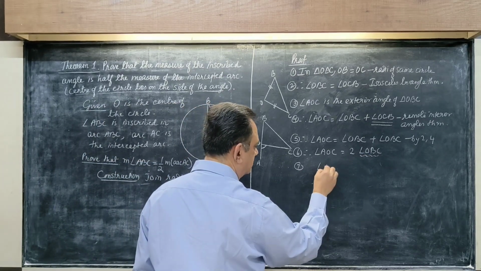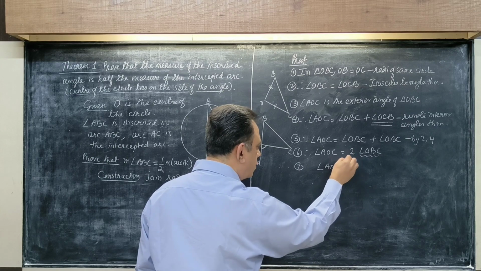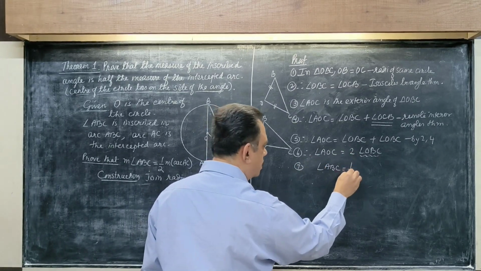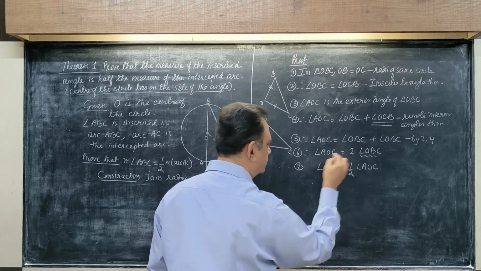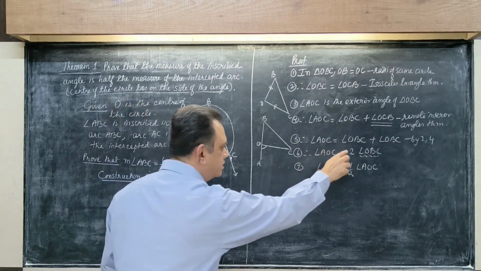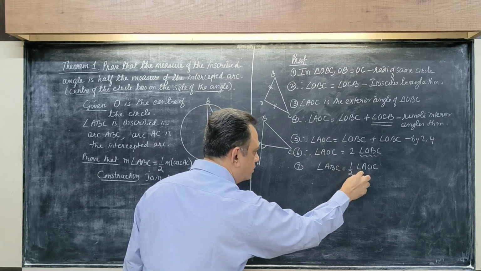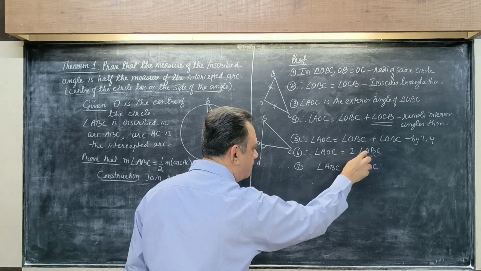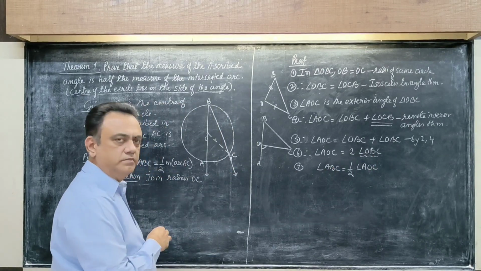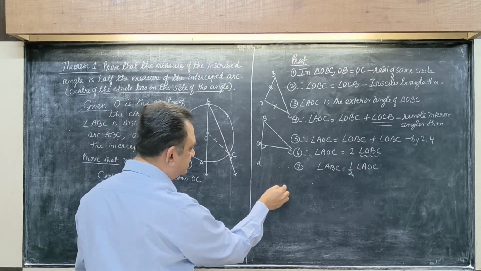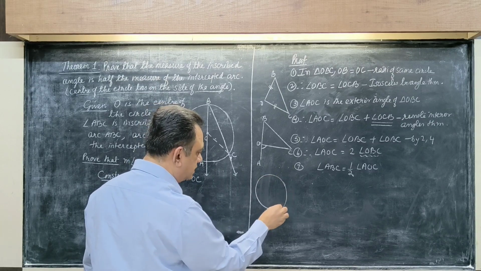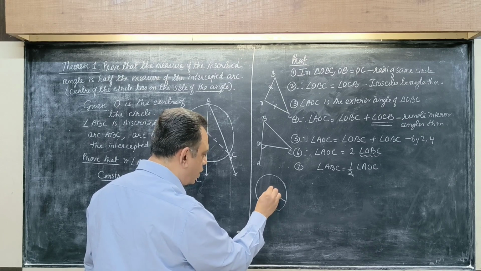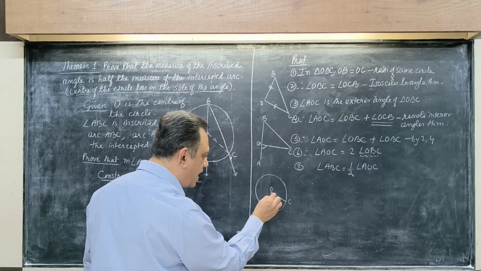For this 2, I take it down, so half of angle AOC is equal to angle ABC. For angle OBC, change of name. Now we come to the last step. If you look at this angle AOC, it is the central angle.